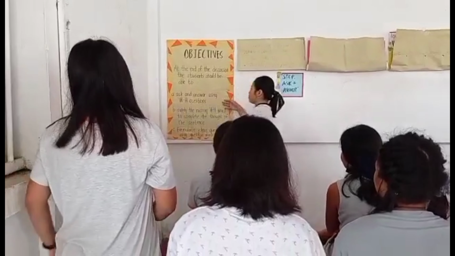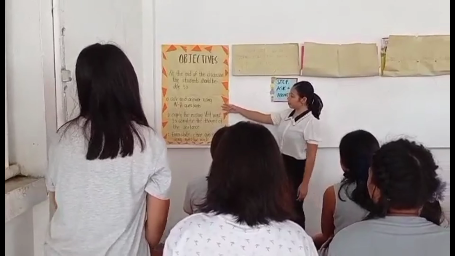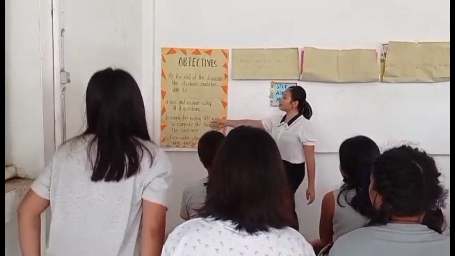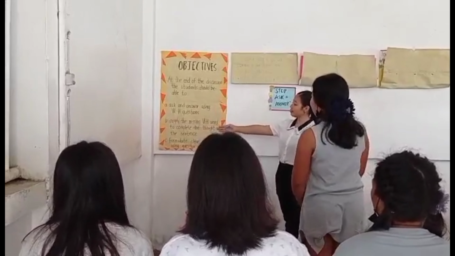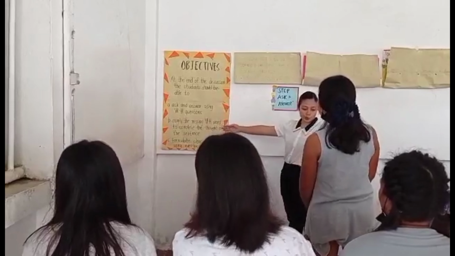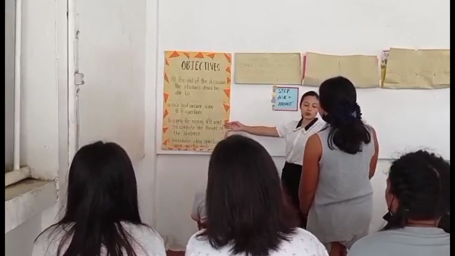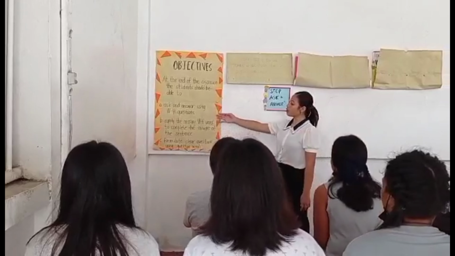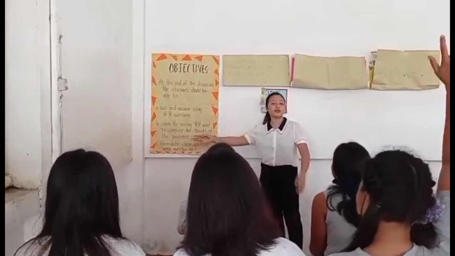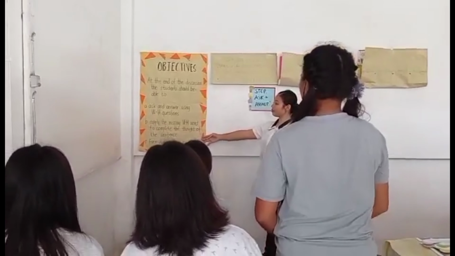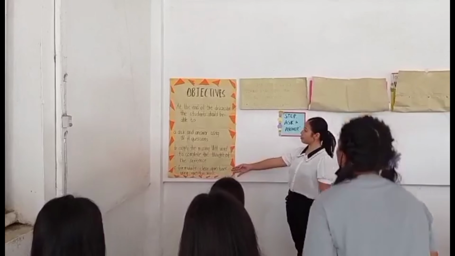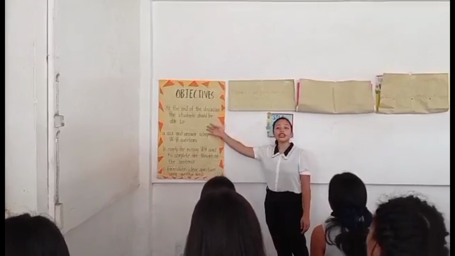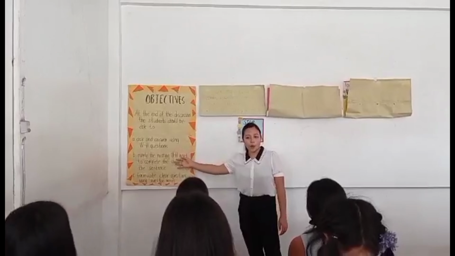Ask and answer using WH questions. Who can read letter B? Supply the missing WH word to complete the thought of the sentence. And the last objective, C: formulate clear questions using question words. These are our learning targets this morning.